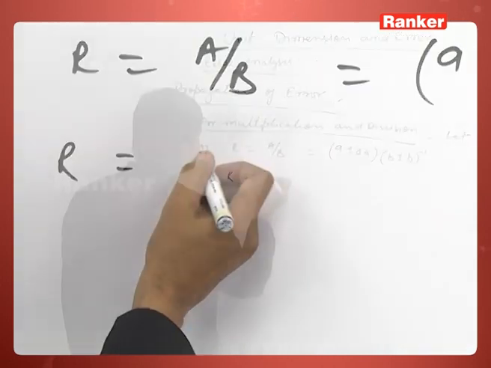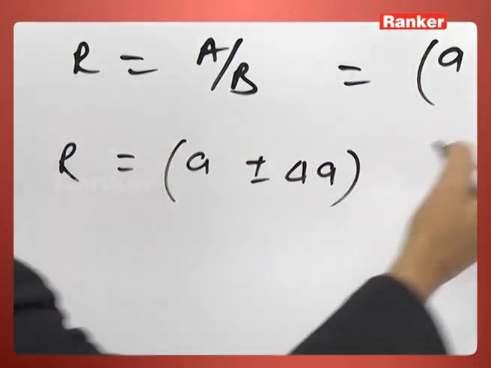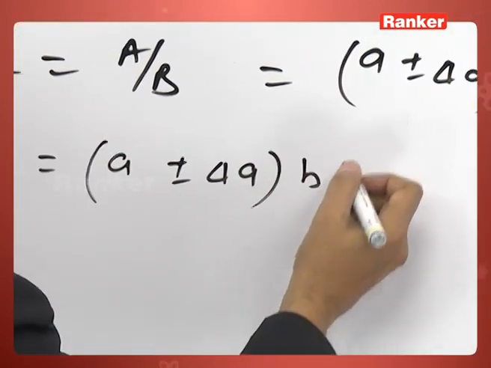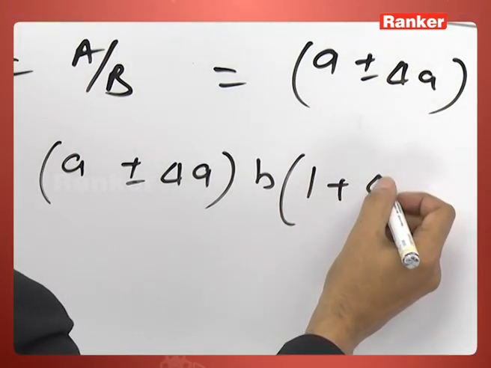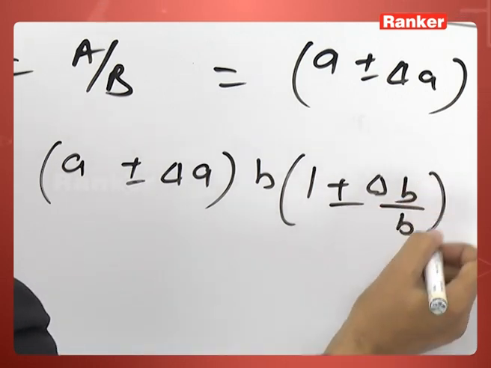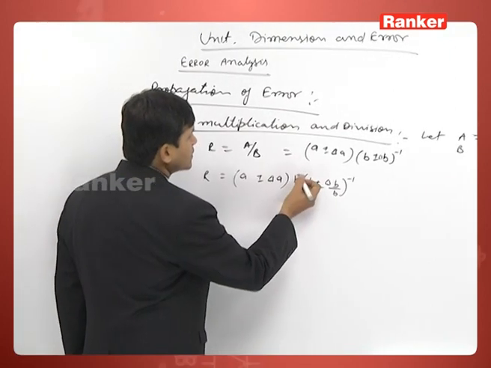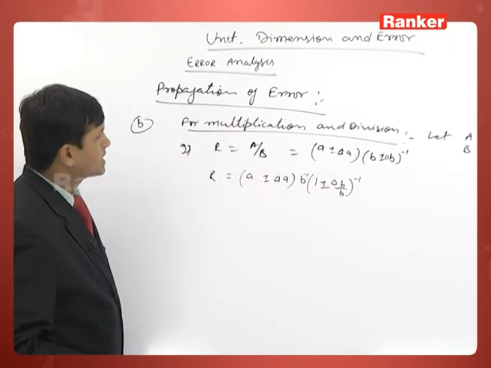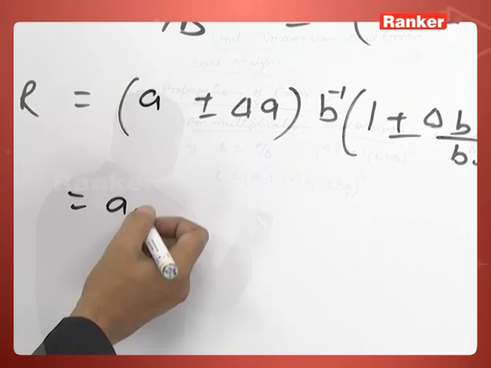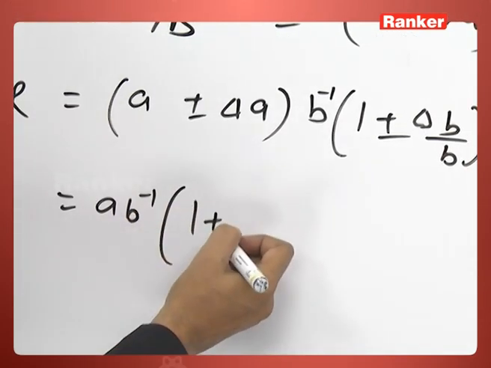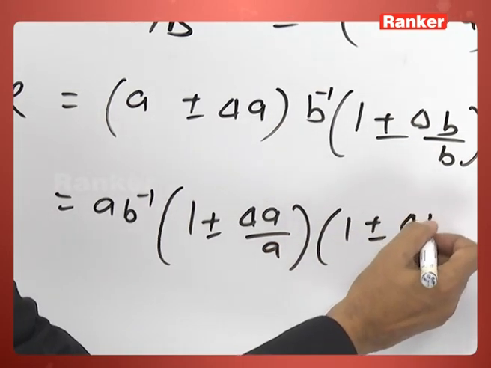Here we can take B as common. Taking B common, it becomes 1 plus minus delta B by B to the power minus 1. And we take A common too: A into B to the power minus 1, into 1 plus minus delta A by A and 1 plus minus delta B by B.